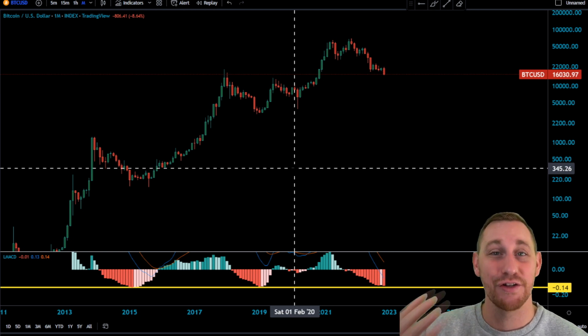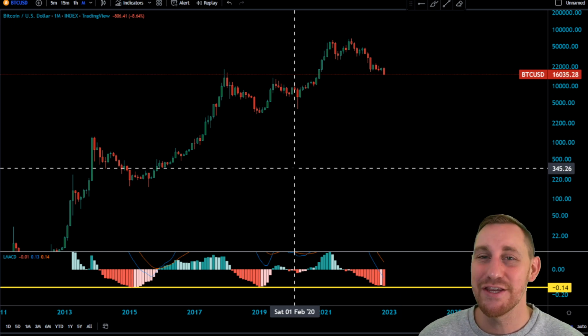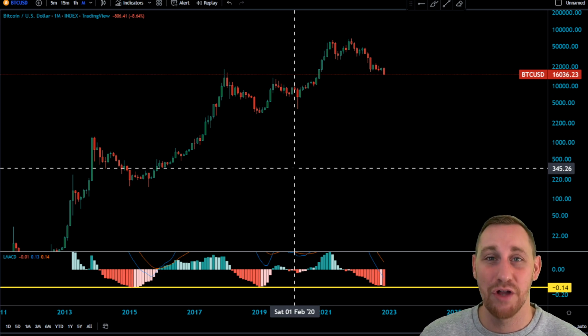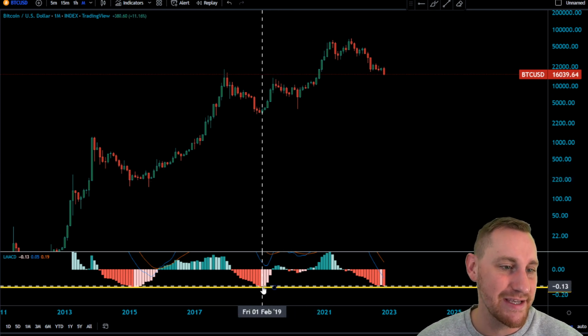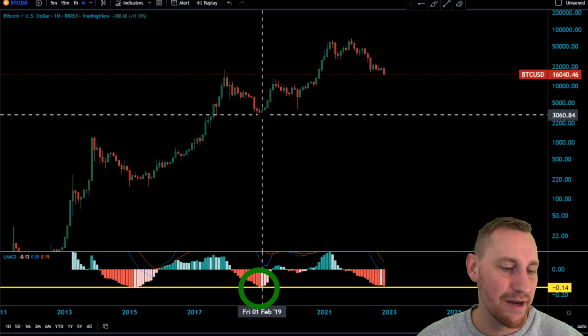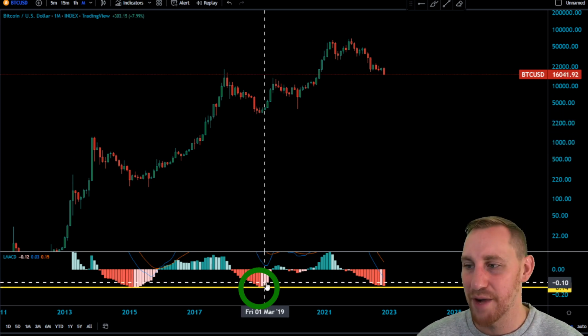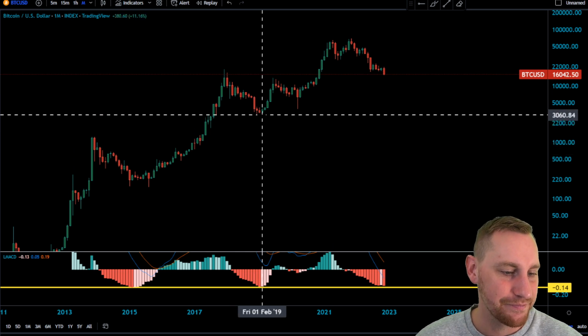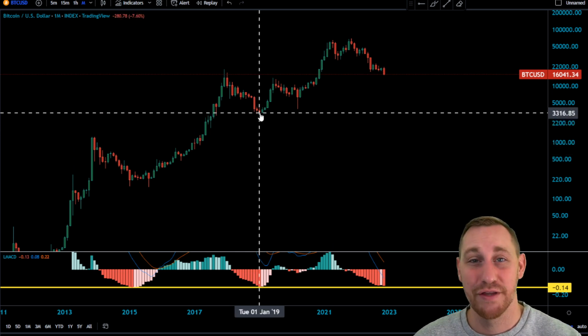Now, I stress close because that does not mean you can't have a wick lower, as we've seen in the past. If you go back to 2019, right here, that ended up being when it started to flip back over positive on this candle right here. You can notice it was this candle right here, and that did mark the monthly close low.